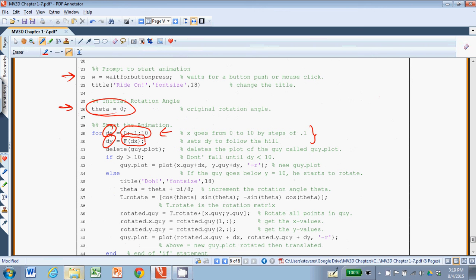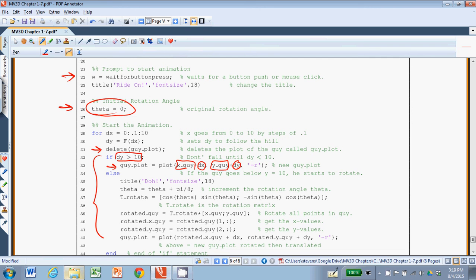And now, I've already got my guy plot. So I'm going to delete that guy plot, and then this is going to be my redrawing. If my height, my dy, is greater than 10, all I'm taking is my x guy and my y guy, right? Those are the ellipses, and I'm adding dx and dy.